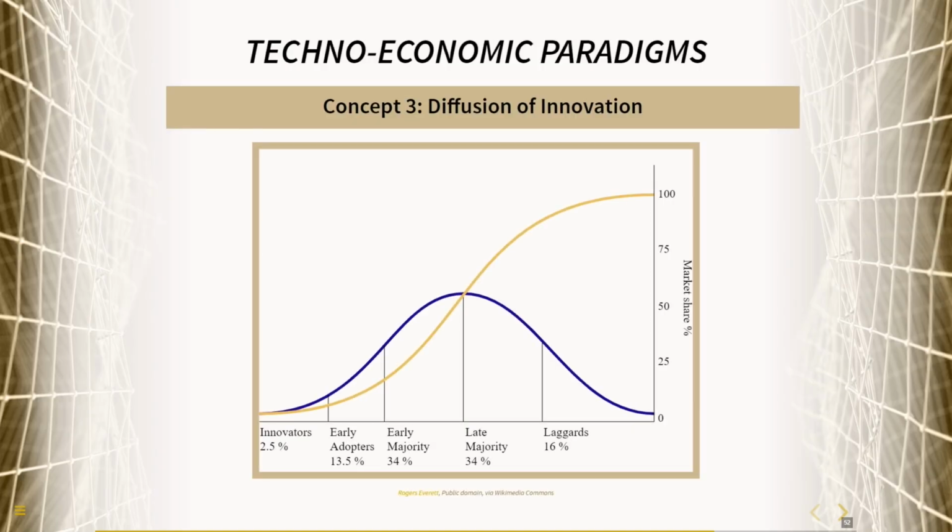So then the third concept that I want to bring in here is this idea of the diffusion of innovation, right? So in a lot of ways, you have this set of early innovators, the innovators themselves, they build the thing and they start to use it. You have folks who are early adopters who might have early access to a technology, and you can start to see that market share increase as different groups adopt the technology, right?